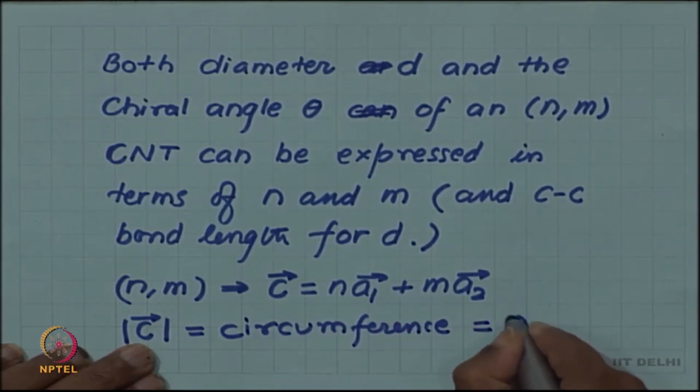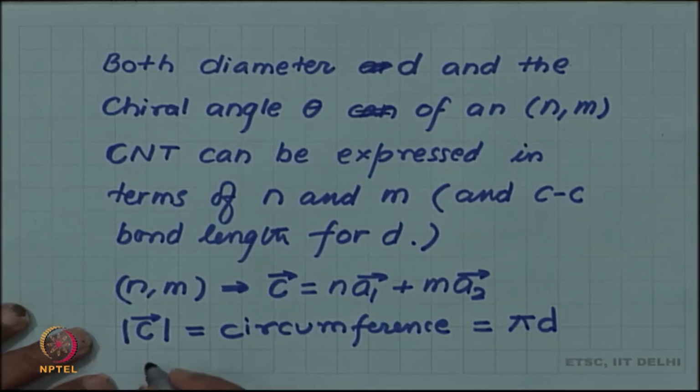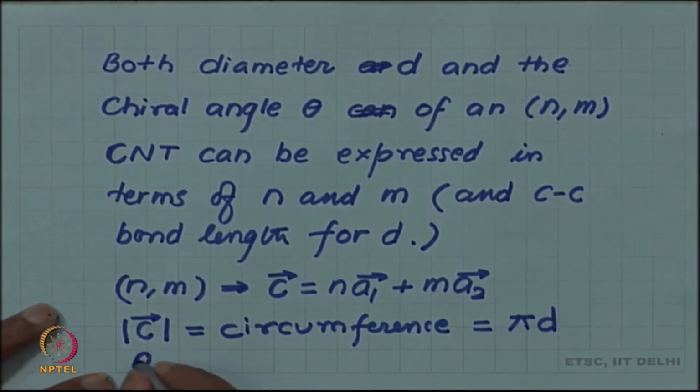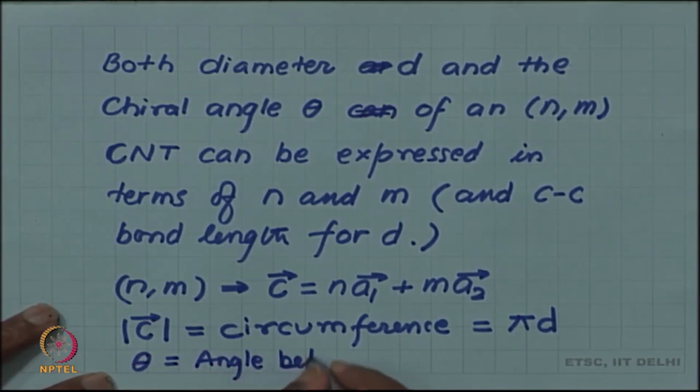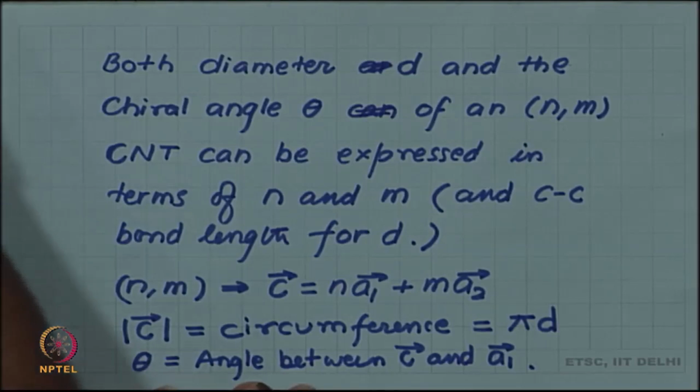So, this will become pi d. With this relationship you can find the diameter in terms of n and m. And the angle theta is by definition the angle between C and A1. So, it is a nice exercise in vector geometry in a non-Cartesian frame, because your two vectors A1, A2 are not at 90 degrees, but at 60 degrees. So, I leave this as a homework exercise for you.